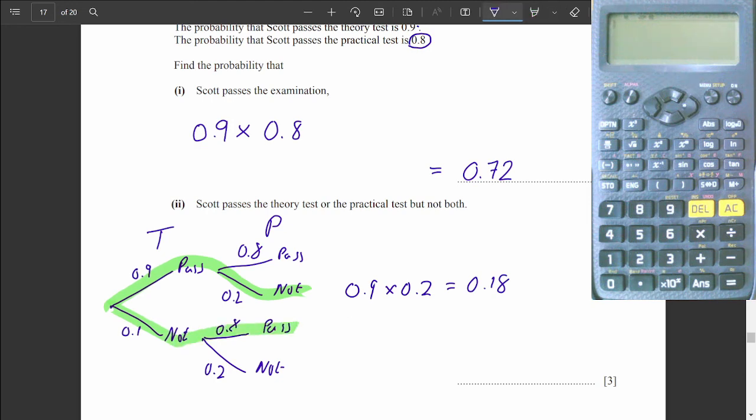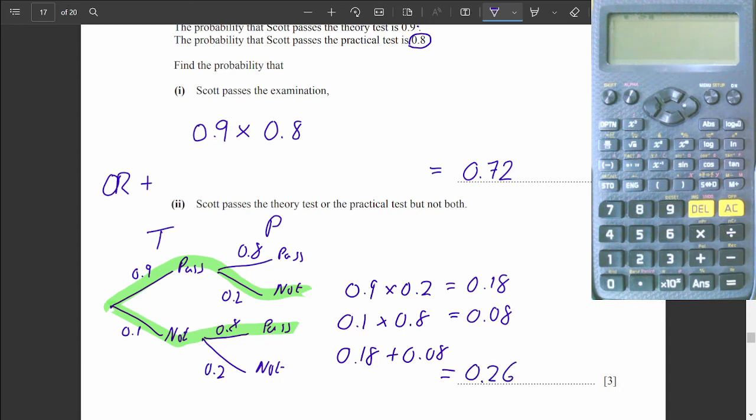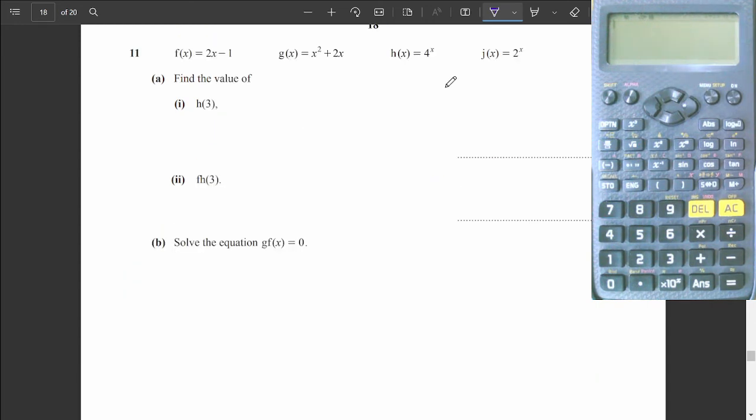That path gives us 0.1 times 0.8, which gives us 0.08. So there are 2 things that can happen. The pass, not pass, or the not pass, pass. The one or the other. And when we've got the or rule in probability, we add. So it would be 0.18 plus 0.08 gives us the answer 0.26.